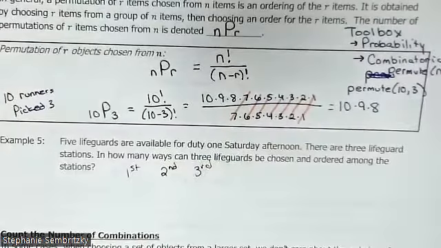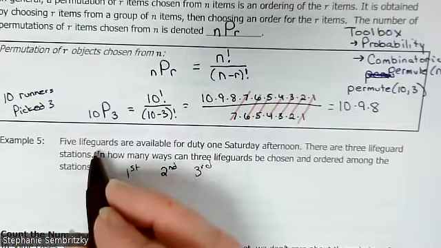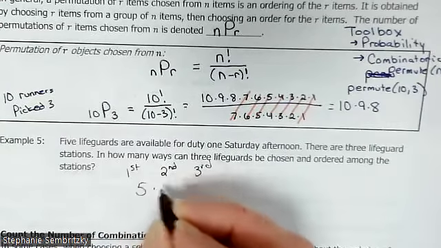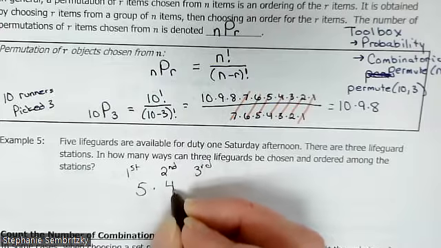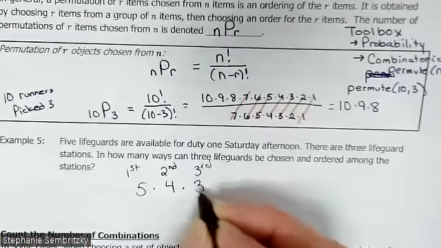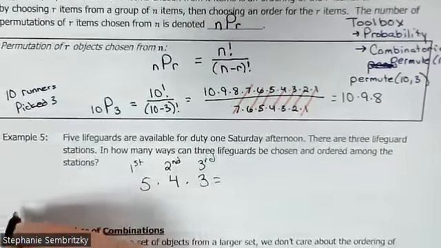I tend to like to do these by hand. How many lifeguards could I pick to put at the first station? How many do I have? 5. And then for the second station, 4 now, and then 3. I tend to find it just as easy to do it by hand, but you could have also done this one.